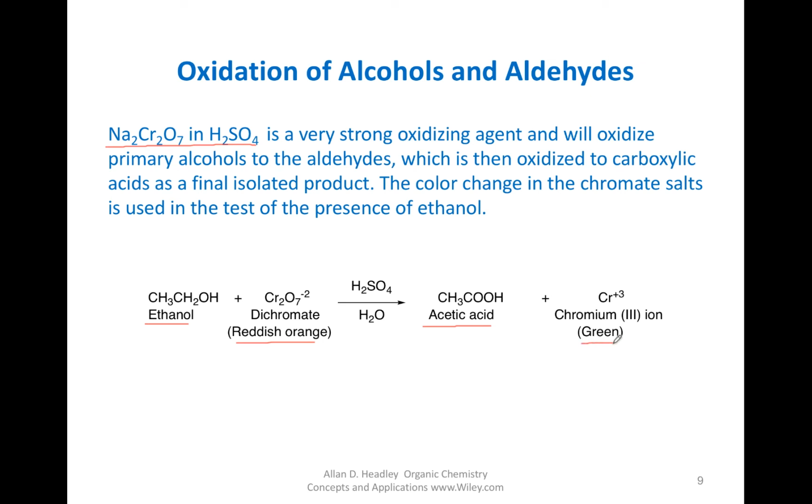So in the breathalyzer test, if one consumes too much alcohol and it's tested using the dichromate reddish color, if that changes to green, that means an oxidation occurs, which implies that alcohol in the form of ethanol was present and it was oxidized to acetic acid. So that's one of the practical applications of the oxidation reactions here.